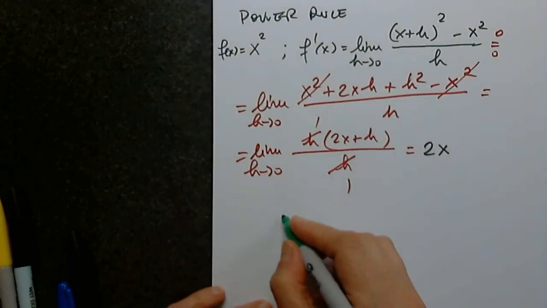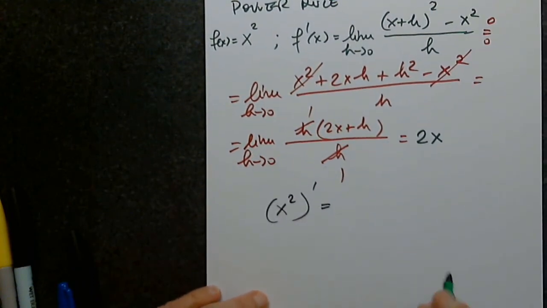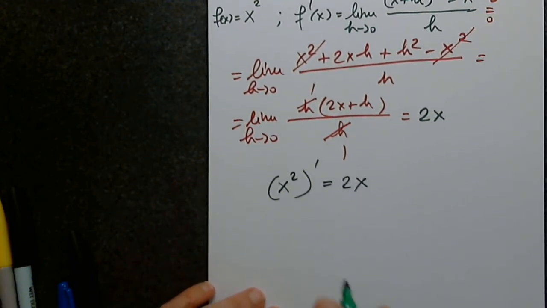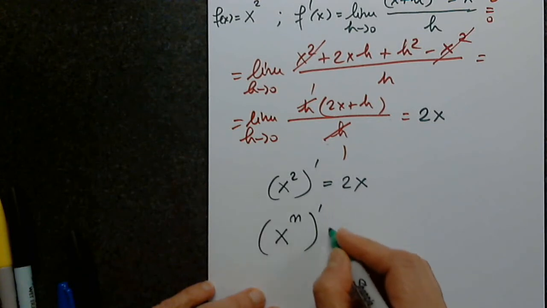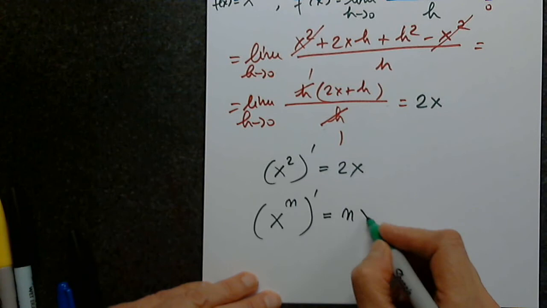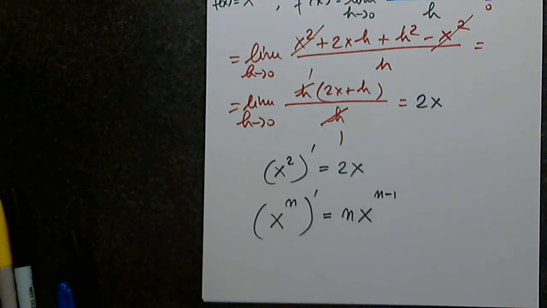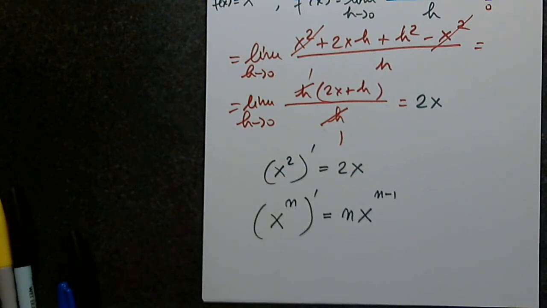So x squared prime is 2x. This is basically the power rule. Now, in general, what do you think will happen if I have x to any power? Exactly. We bring the power in front and subtract 1 from the power. This is what we call the power rule.